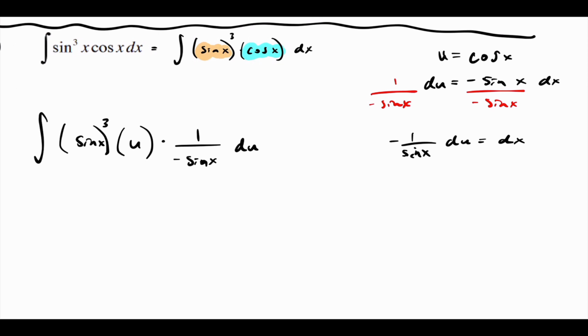Will all the x's cancel out? So this guy is divided by sine, right? This guy is times sine. So this will go down a power, but I still have sine of x squared.